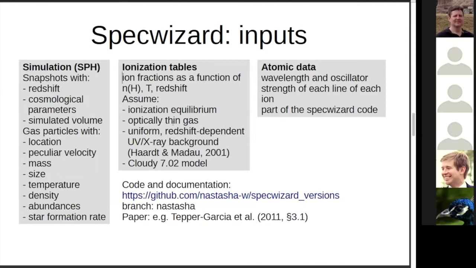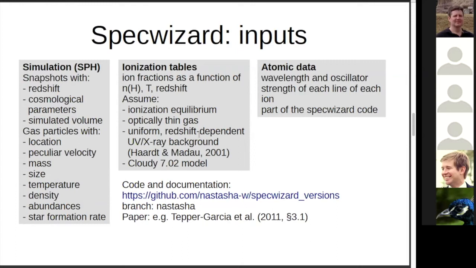These two things are consistent with the Eagle cooling, because these cooling rates were calculated with this model. Those depend on your ion fractions. So you want to calculate those ion fractions in a way that is self-consistent with your cooling model and the assumptions made within that simulation.